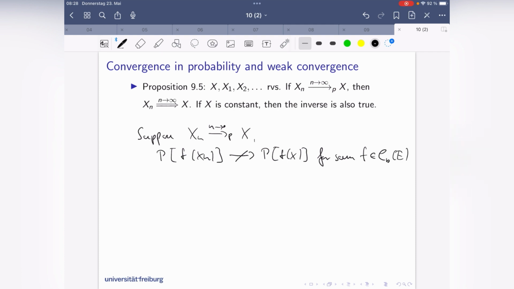That's what I want to have by contradiction. So I say, well, this holds, but this does not hold. And then I must get a contradiction. So this does not hold. So what does this mean?